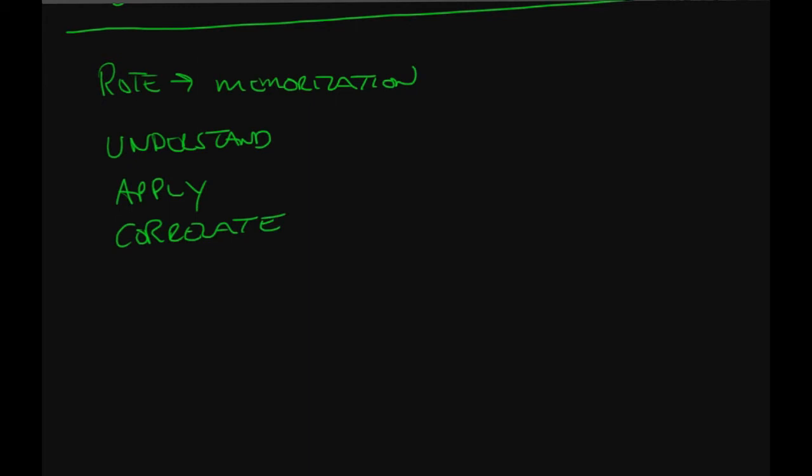Okay, let's see if we can think of an example here. Something that starts out as rote memorization. Well, we talked about airspeeds before. And let's say we memorize that 60 knots is our short final approach speed. We just memorize that. Okay?